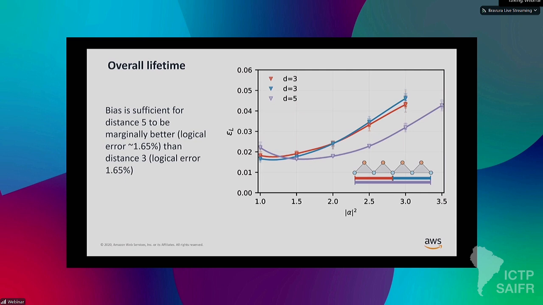Red and blue are for the distance 3 patches, and purple is for the distance 5. For each alpha squared, we have a logical probability of error, which is the total X and Z logical probabilities of error.